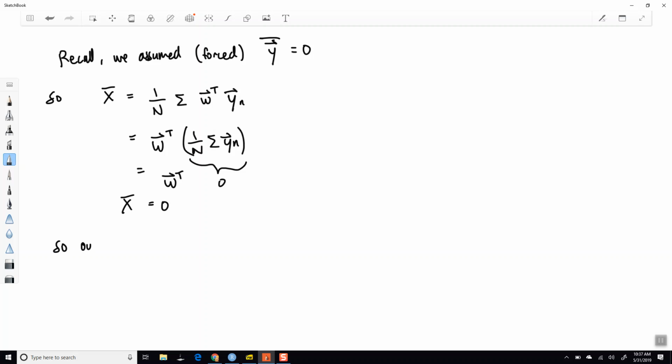So this simplifies our variance. We used to say sigma squared is 1 over N times the sum of x_n minus x bar, squared, but now x bar is 0.